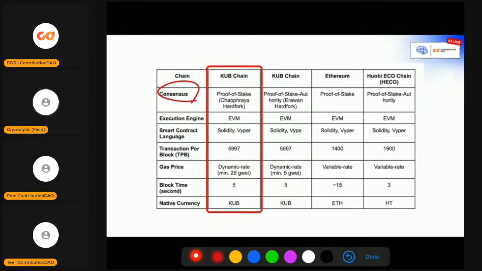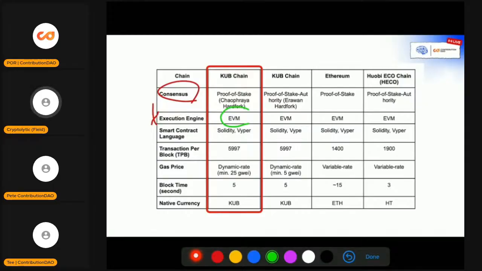As you can see, the execution engine is also the EVM, which is the same as Ethereum and other popular chains. We don't have to dwell on this because I think you already know what EVM is. For end users, if it is EVM compatible, you can just use MetaMask or Rabby to interact with the chain.